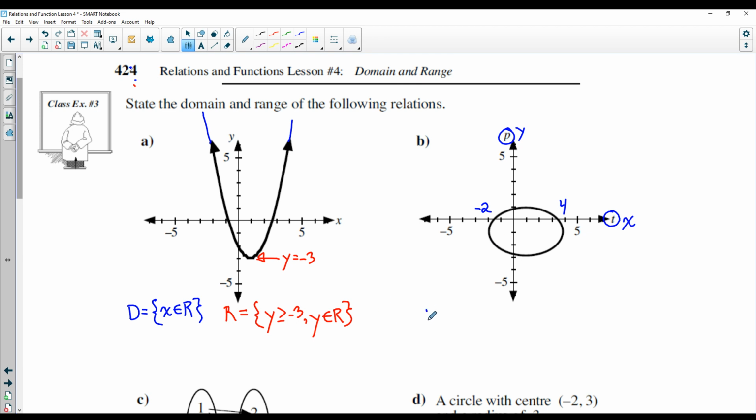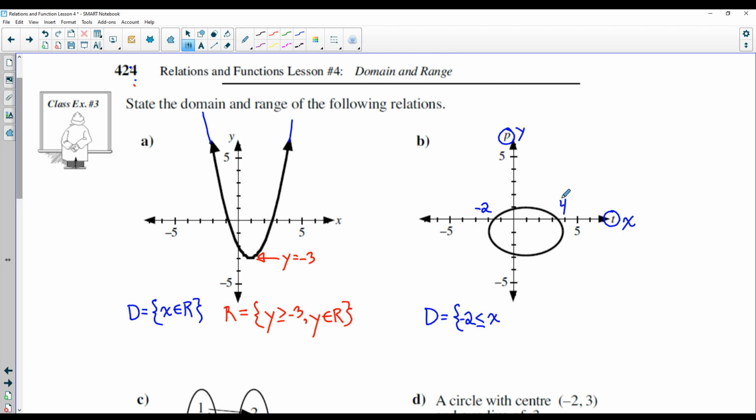So we're going to write down our domain would be, okay, so which x values are allowed? Well, first of all, my x values have to be greater than or equal to -2. So I'm going to draw my little squiggly bracket, and I'm going to say x is greater than or equal to -2. And then what's my upper limit?